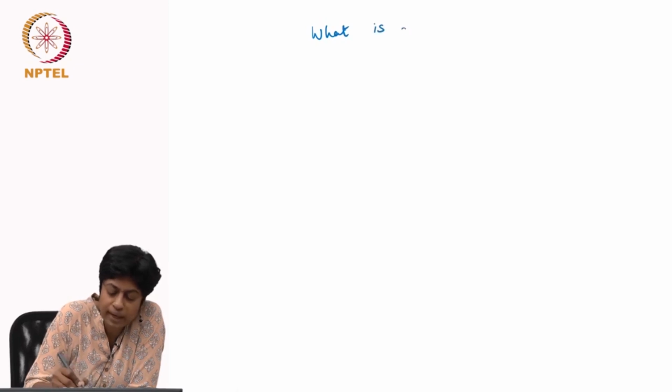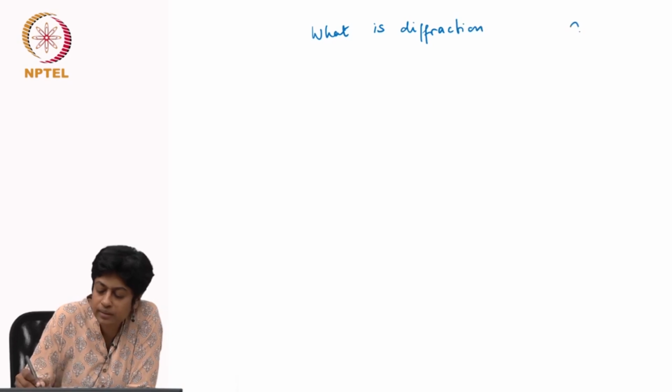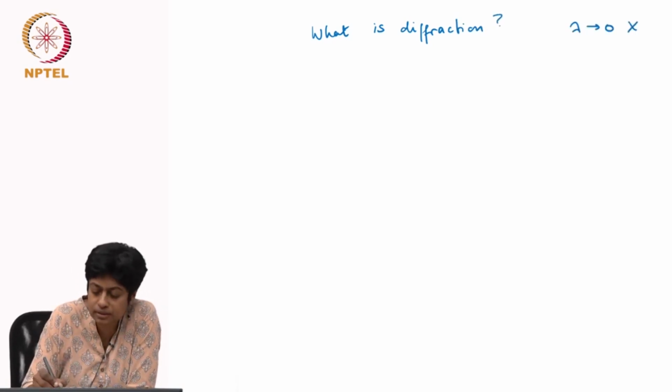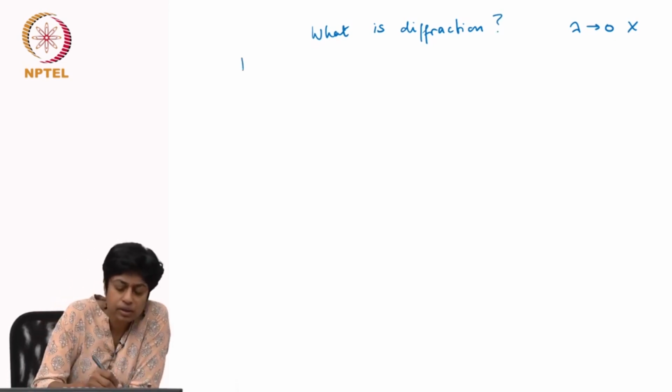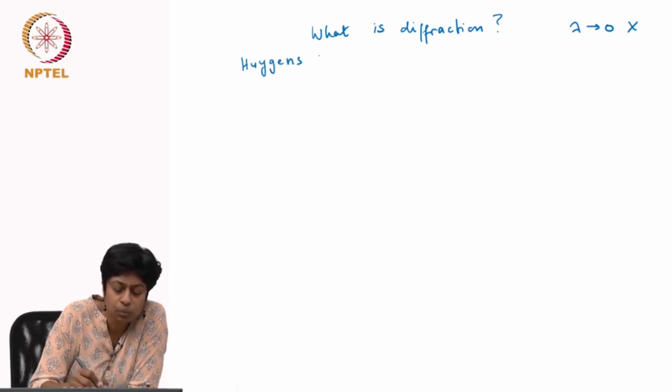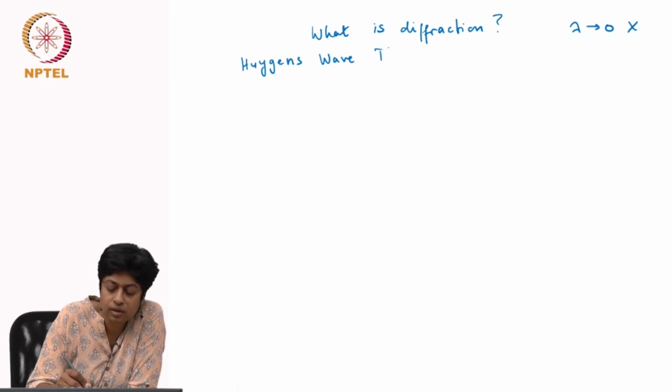Okay. So let's go back to the question of what is diffraction. We've seen when it occurs: when this condition is not true is when it occurs. So to really understand diffraction, one has to go back to a principle called Huygens wave principle.